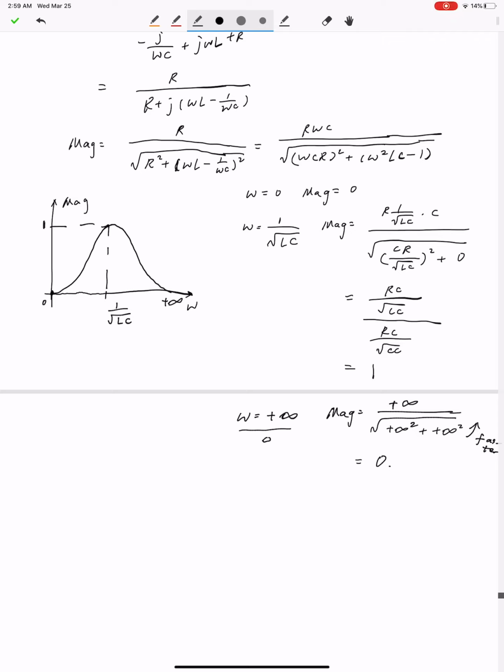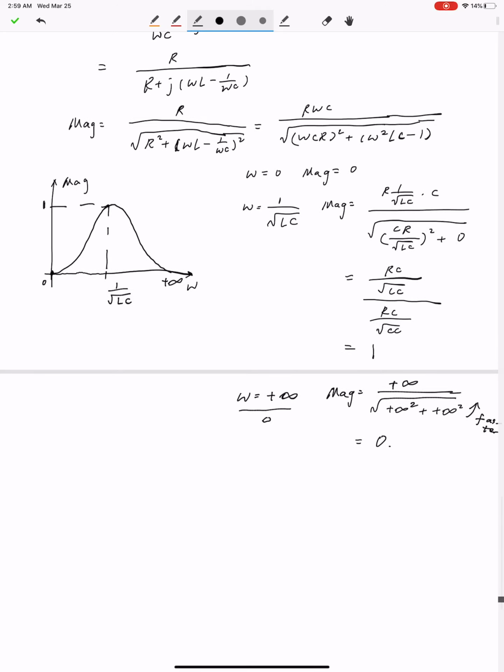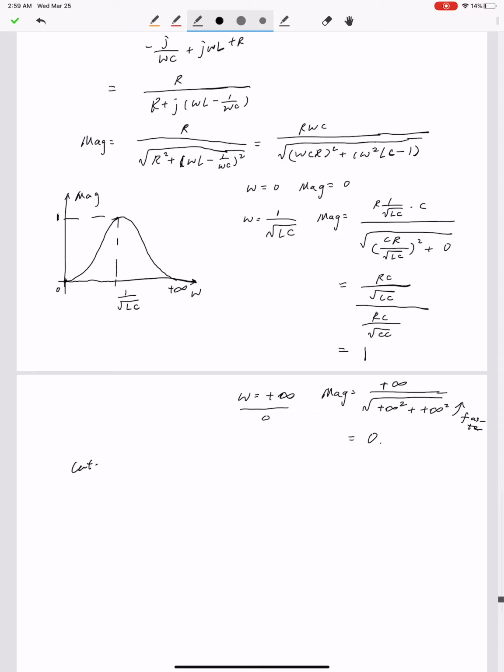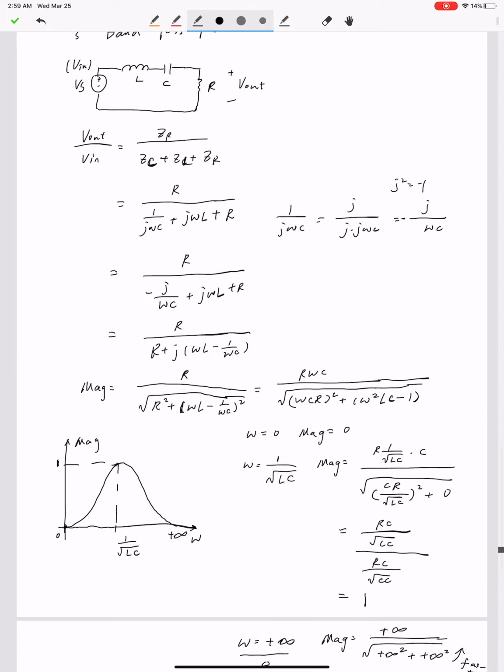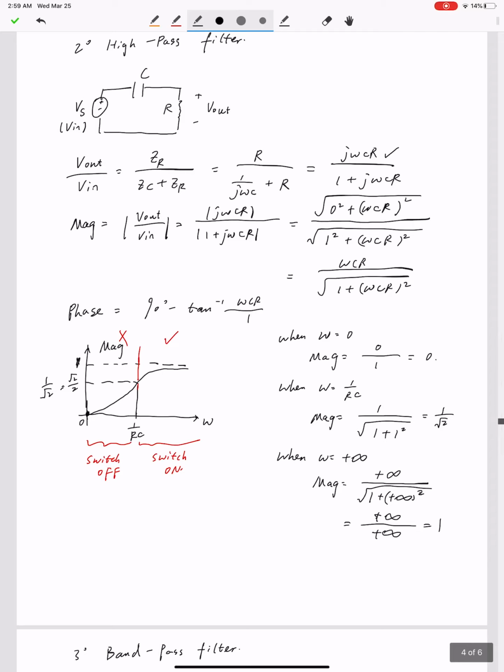Alright, so some people may ask, what about cutoff frequencies, right? Does the bandpass filter also have cutoff frequencies? The answer is yes. When you find cutoff frequencies of this filter, there are actually two cutoff frequencies. Let's go back to the previous two filters. For the high pass and the low pass filters, when the magnitude equals 1 over square root of 2, the corresponding frequency is defined as the cutoff frequency, right?